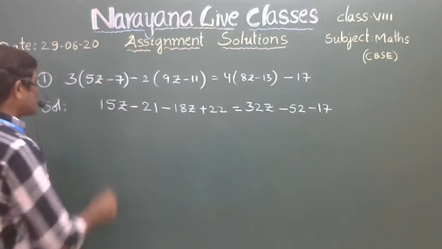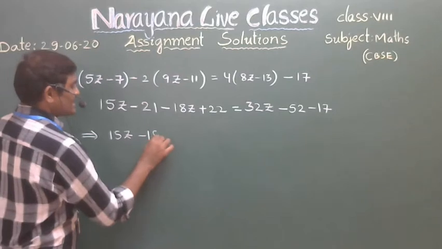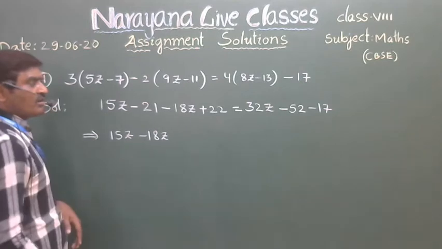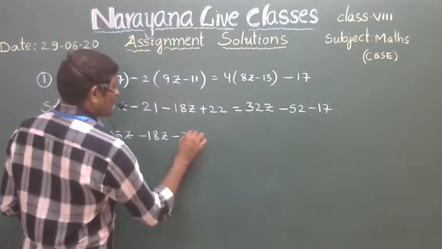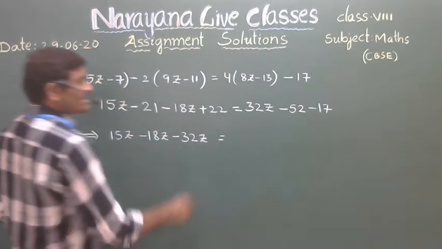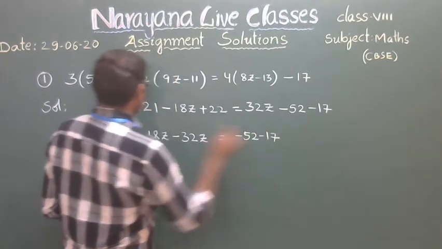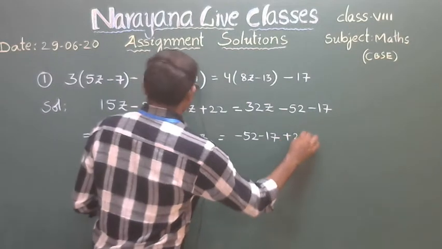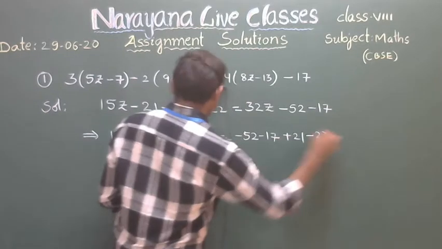Here the variable terms are 15z minus 18z, and this minus 32z will be put on the left side of the equal to symbol, becoming minus 32z, equal to the constants we have on the right side, minus 52, minus 17, and this minus 21 will be transformed into the right side, plus 21, and this plus 22 will be transformed into the right side, minus 22.